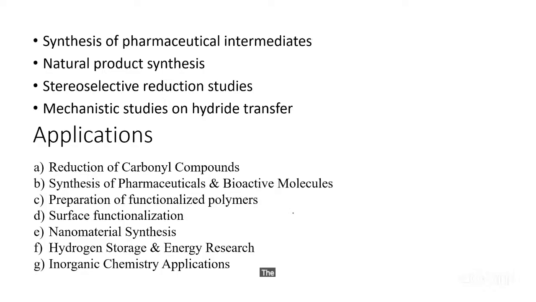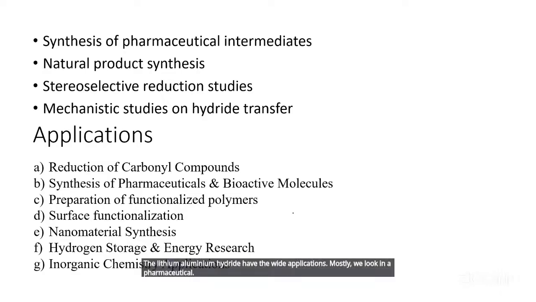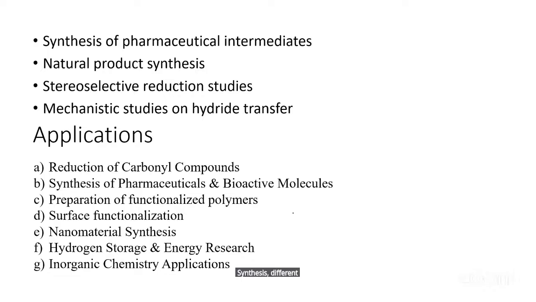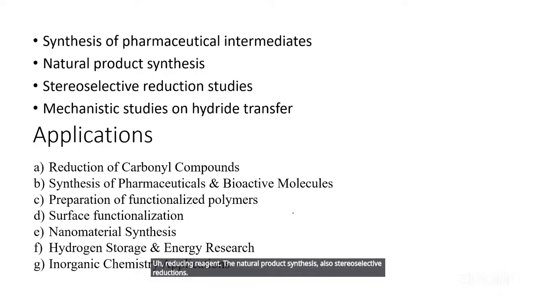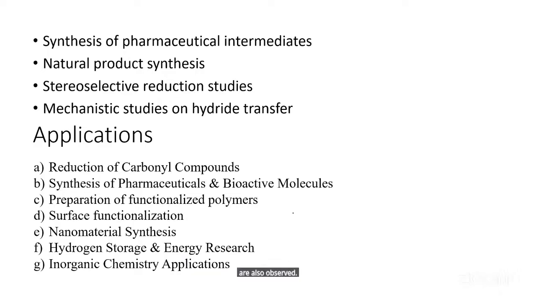Lithium aluminum hydride has wide applications. Mostly we look at pharmaceutical synthesis, where different intermediates of pharmaceuticals are synthesized using a reducing reagent. In natural product synthesis, stereoselective reductions are also observed. Mostly in research, we use it to reduce carbonyl compounds to synthesize bioactive or biopharmaceutical molecules.